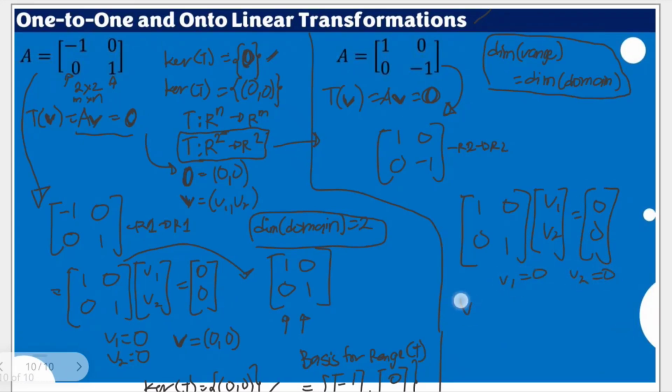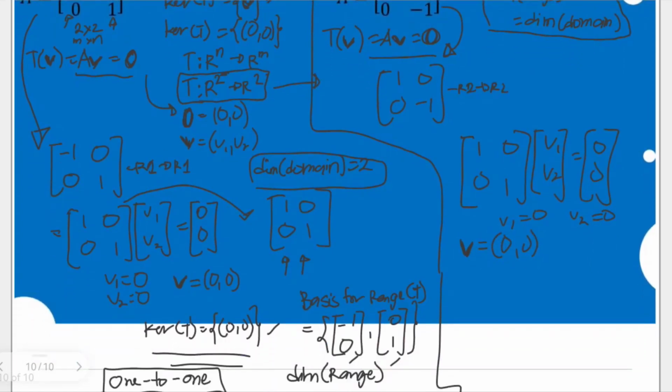Hence, the vector that satisfies this is the 0 vector in R2. This would mean the kernel of T for this matrix is a set containing the 0 vector. And with that, we can say that this is a one-to-one linear transformation this time.